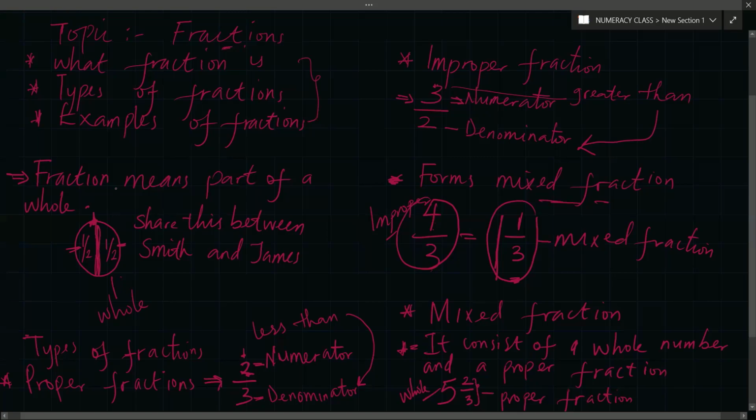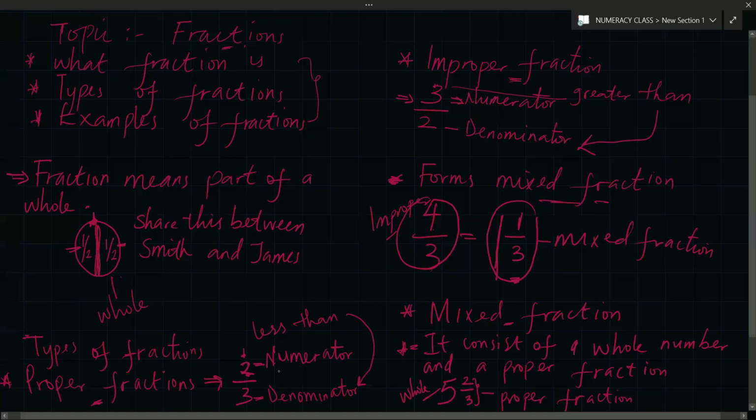We have looked at the types of fraction: the proper fraction, the improper fraction, and the mixed fraction. In a proper fraction, the numerator, the one up, is always less than the denominator, the one down.